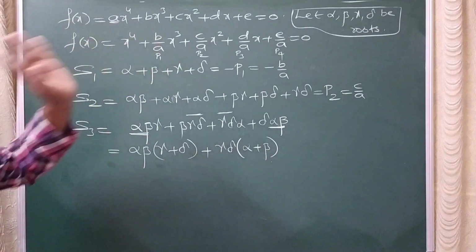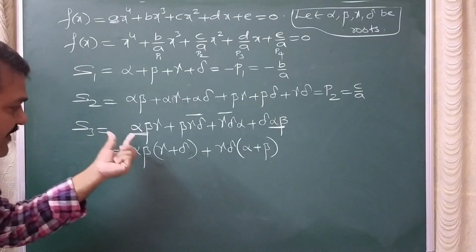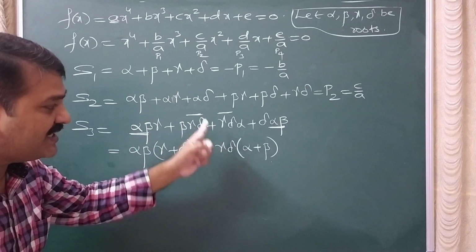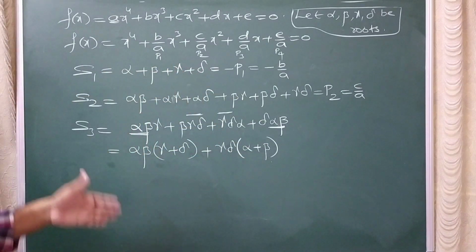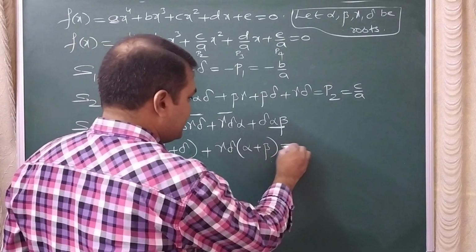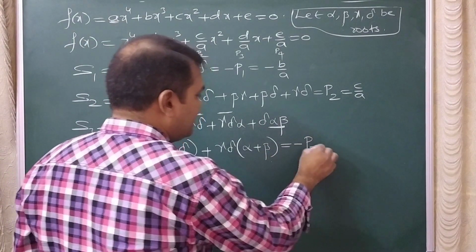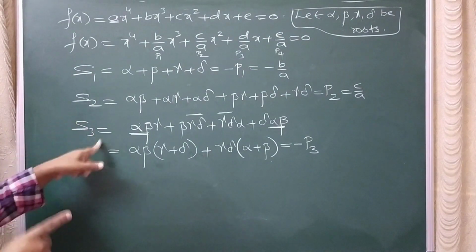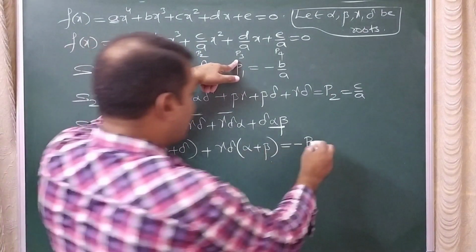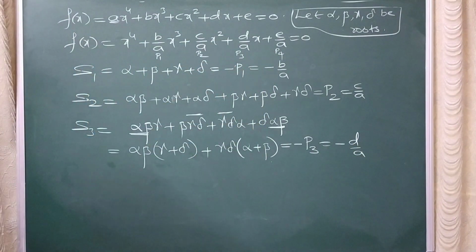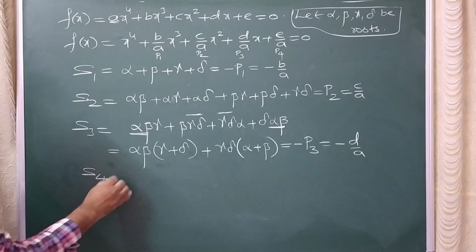S3, when 4 roots are there, S3 is alpha beta into gamma plus delta, plus gamma delta into alpha plus beta. Very easy to remember like this. And what is the S3 formula? Minus P3. Odd suffix is there, you have to write minus. Minus P3. P3 means what? D by A. S3 is over.